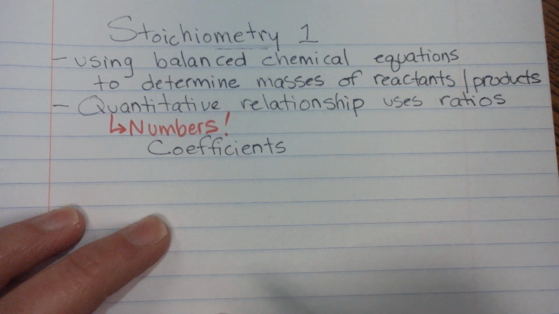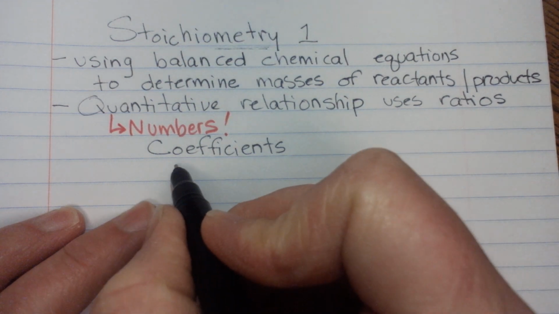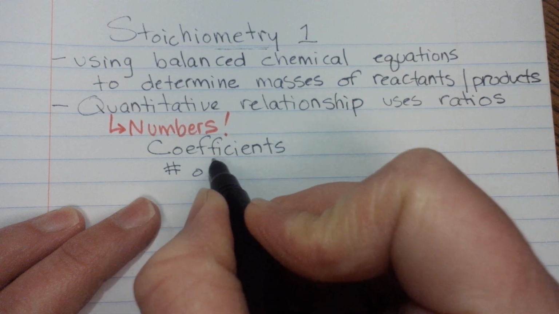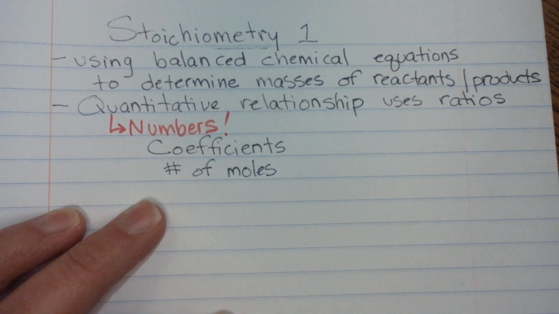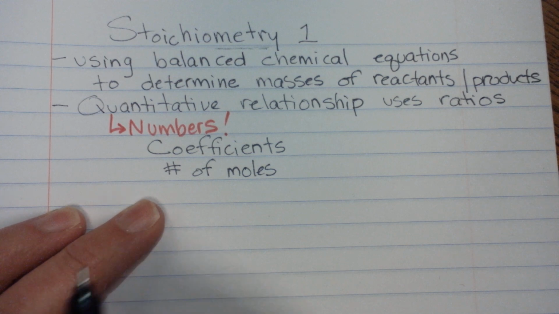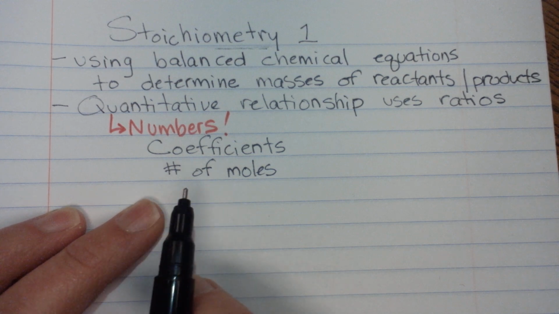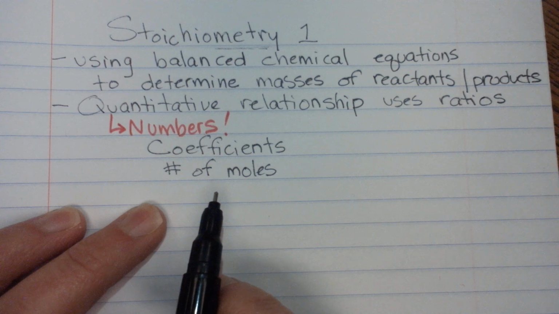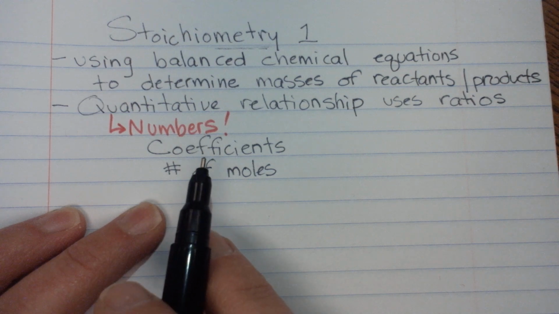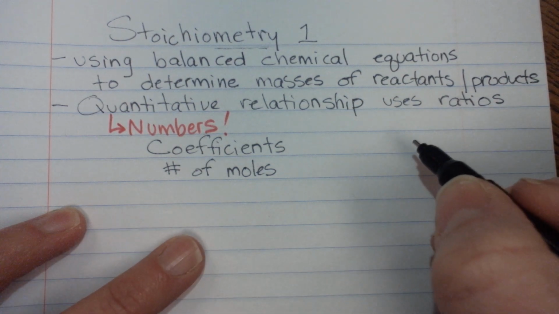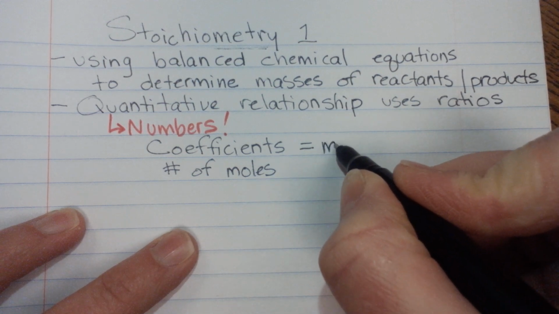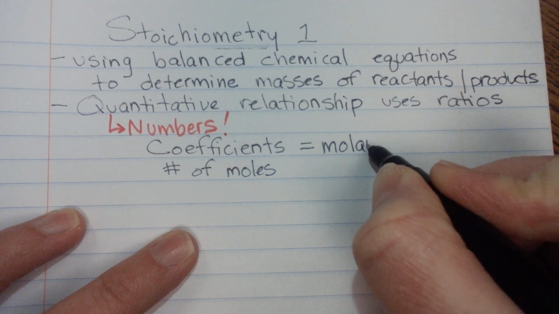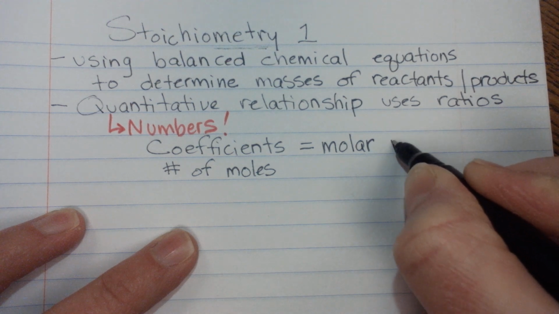What we actually are looking at is the number of moles. And we talked about moles with Avogadro's number several times. And we talked about molar mass, which we're going to pull in to use with stoichiometry. So coefficient and number of moles, if we really think about it, it's kind of a Mr. Obvious moment, but that's going to give us our molar ratio.